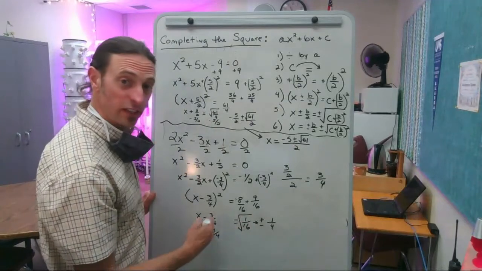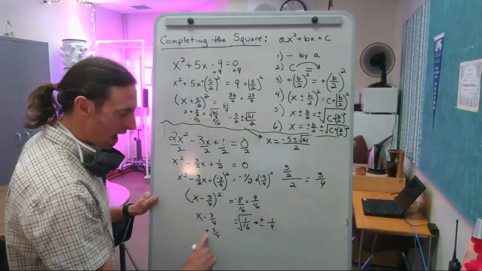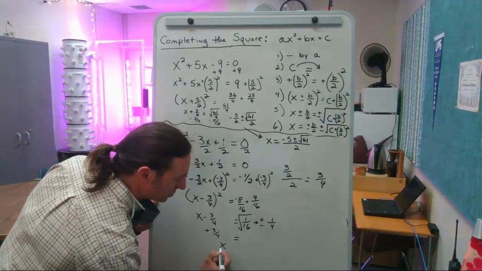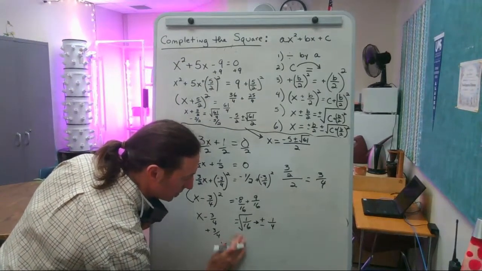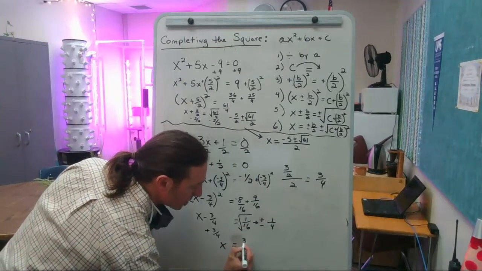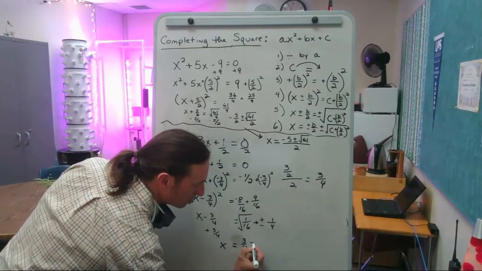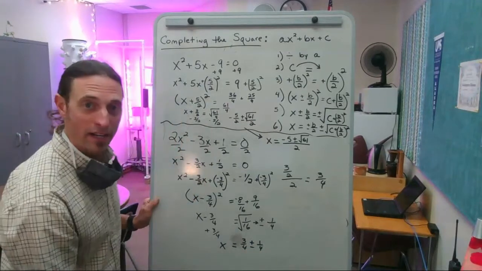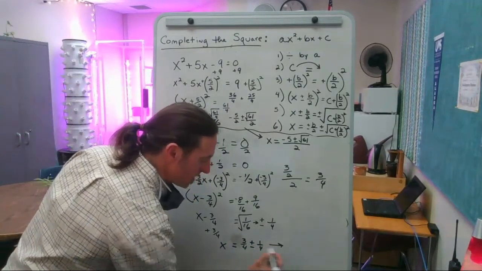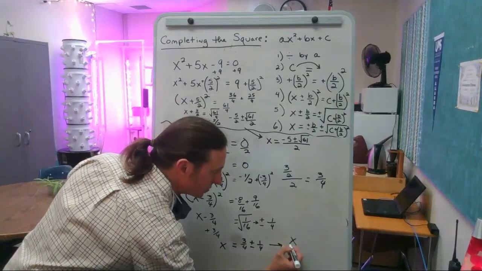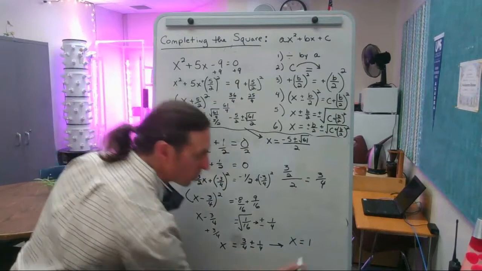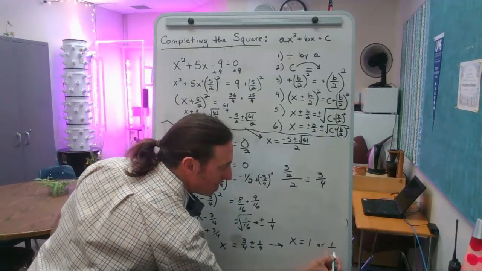Okay, now to finally solve the problem, I'm going to add 3/4 to both sides. So I have x equals 3/4 plus a quarter or minus a quarter. And of course, 3/4 plus a quarter would be x equals positive 1. 3/4 minus a quarter would be 1/2.